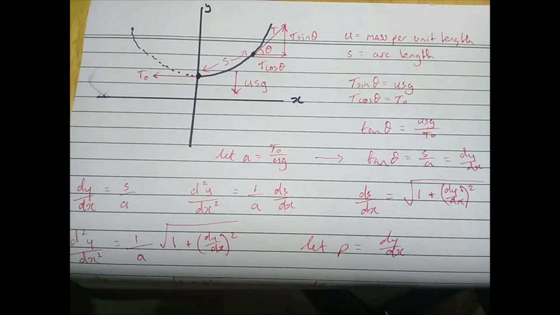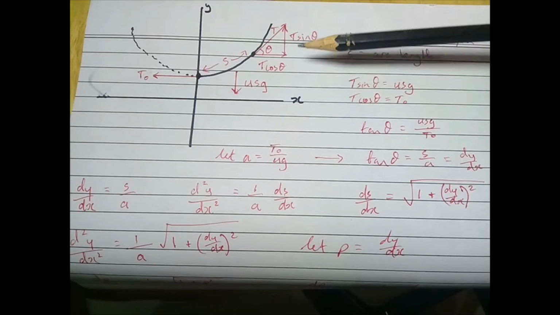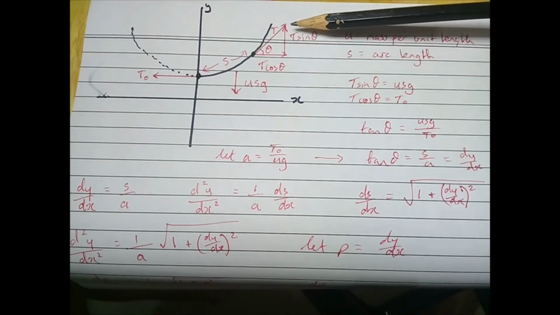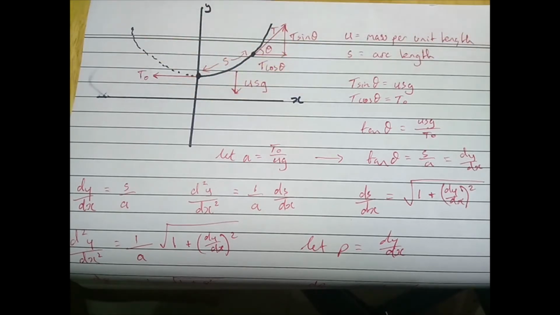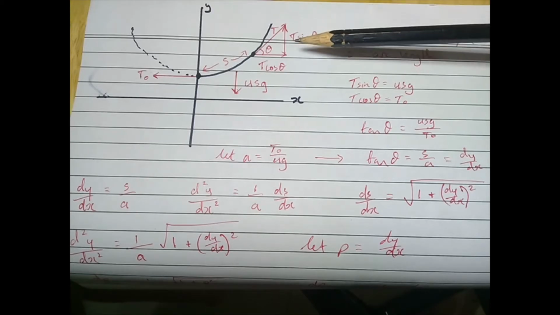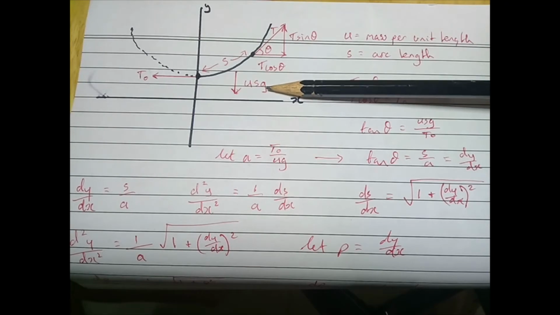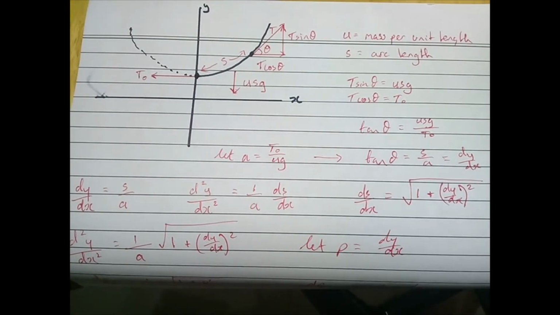Now the next thing we can do is equate the forces. Now I can see T sine theta is the component of tension that acts vertically upwards, and obviously because nothing's moving in this system, everything's in equilibrium, therefore all the forces are balanced. So I can say my T sine theta must equal USG. So that's equating the vertical components.